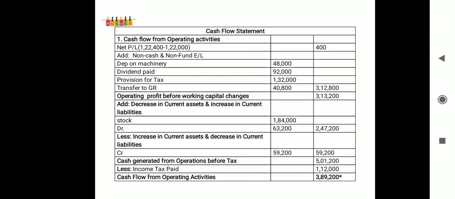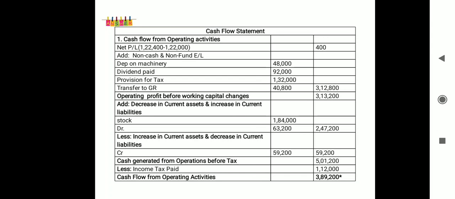Now making all the plus and minus: operating profit before working capital changes plus decrease in current asset and increase in current liability, minus increase in current asset and decrease in current liability, we get the amount 5,01,200, which we indicate as cash generated from operations before tax.